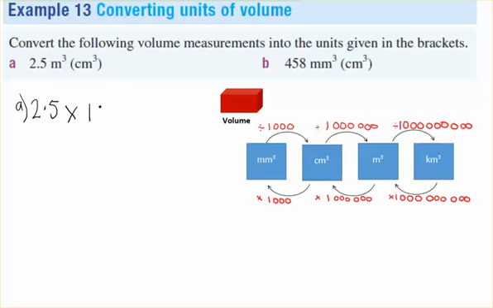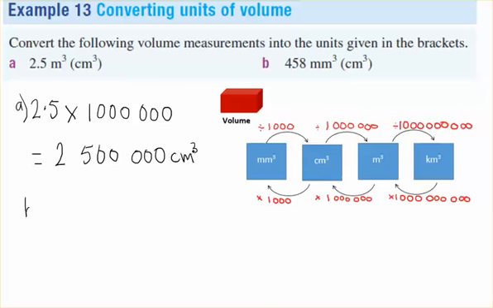So times 1 million. And our answer comes out to be, well, 2.5 times 1,000,000 is 2,500,000 centimeters cubed.